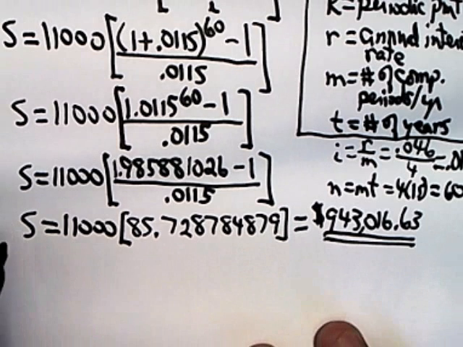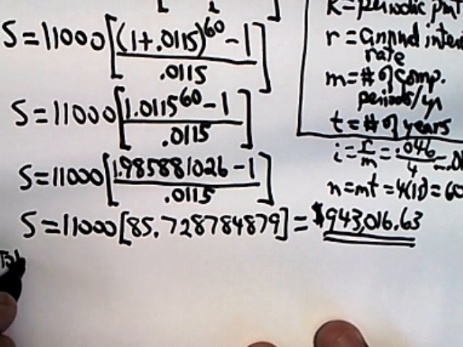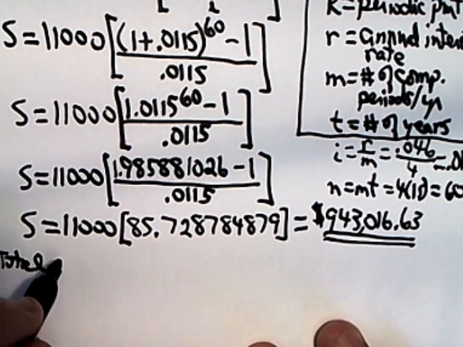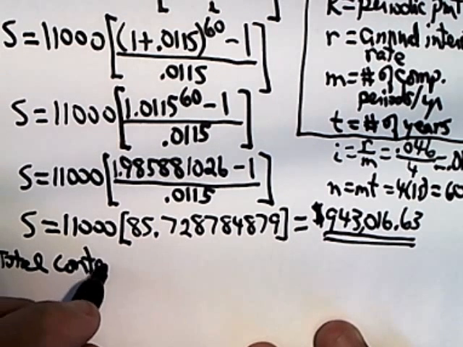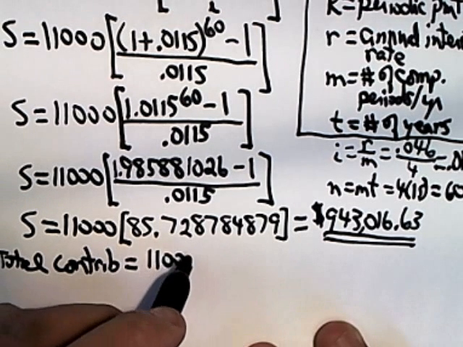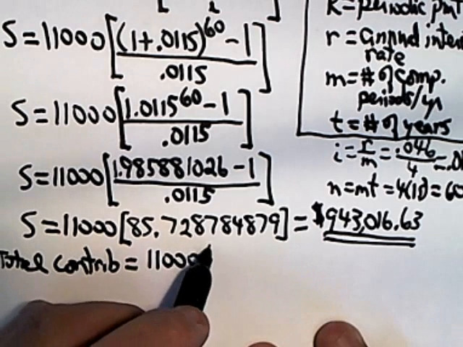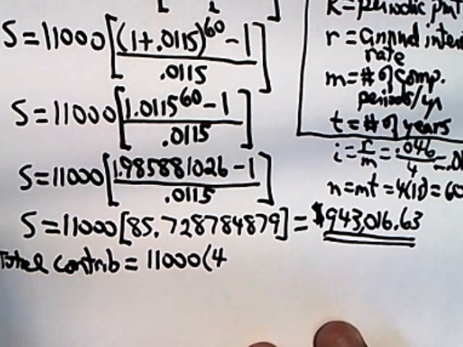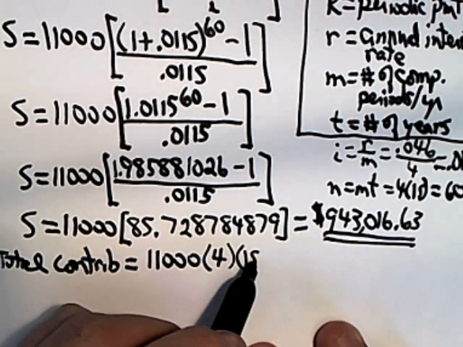So if you want to figure total contributions, this person put $11,000 into that account 4 times a year, that's quarterly, for 15 years.